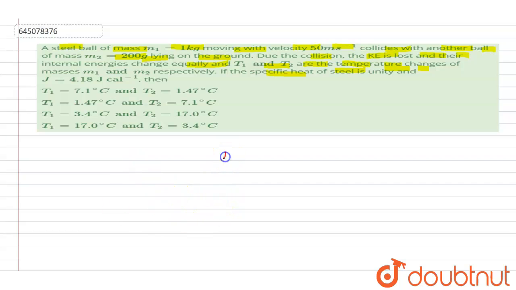Kinetic energy lost is equal to half m1 v squared, which is equal to J times (Q1 plus Q2), where J is the work equivalent of heat.